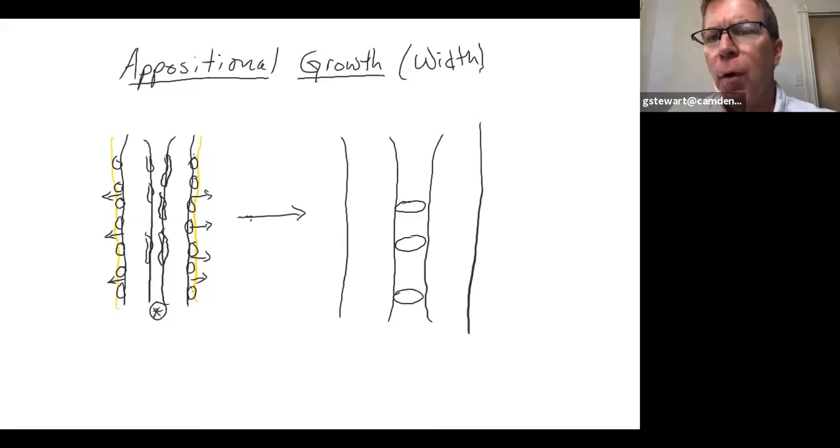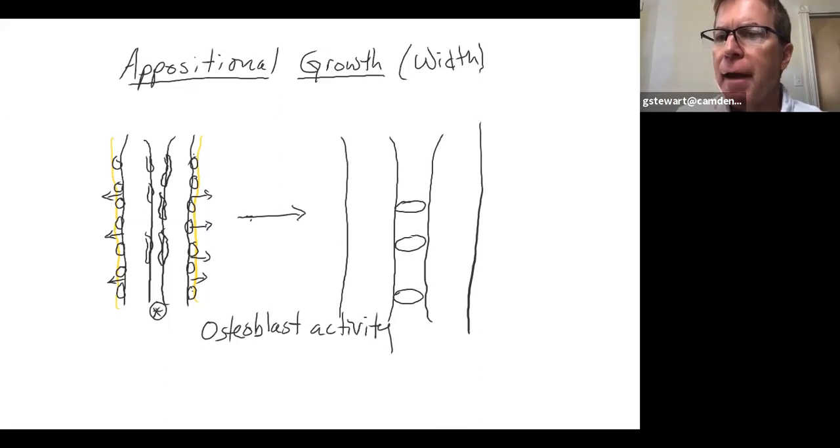So what we're saying is this, osteoblast activity on the surface of the bone outpaces osteoclast activity at the medullary cavity surface. That's why we end up with a thicker walled bone.